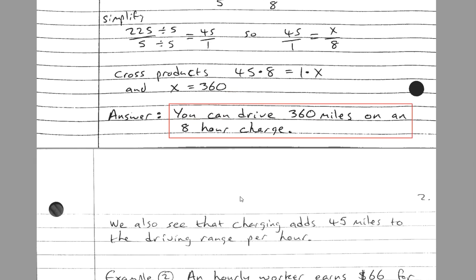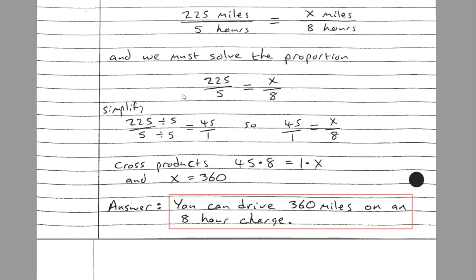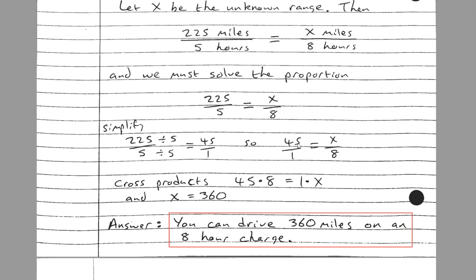We also see here this fraction simplified to 45 over 1. That's telling you that if you charge for just 1 hour, that'll get you 45 miles, and every extra hour is an extra 45 miles of range.